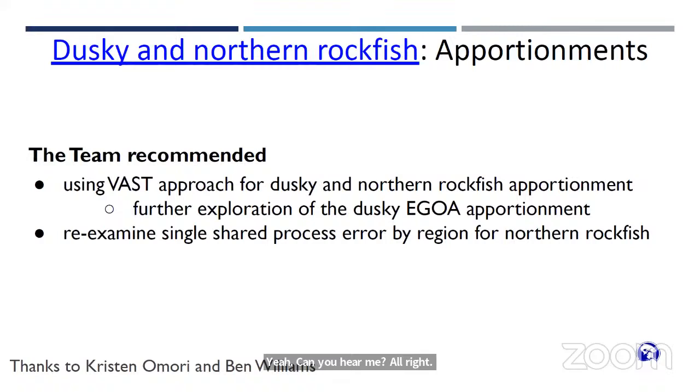I can't recall directly for Duskies what that looked like. The impetus for this is that we've decided that the survey is acceptable for utilization in the stock assessment, and it seemed kind of odd to then change over to a different survey in order to use our apportionment when we changed out of that survey because we don't have strong belief that it's providing good data for the models.